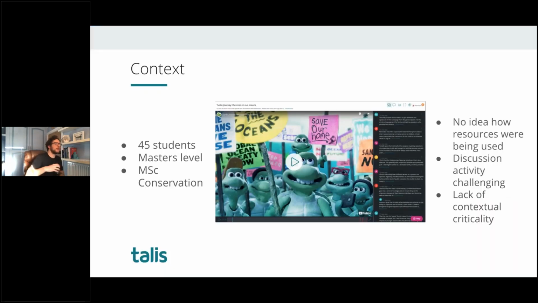So to set a bit of context, Toby used this on a module with 45 students at a master's level in an MSc in conservation. This is a module that had been running for a couple of years, and this term, semester 2, 2019-20, the module, due to its size, had been moved back to face-to-face teaching from an entirely online experience.